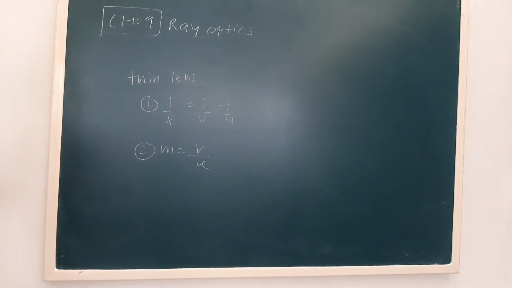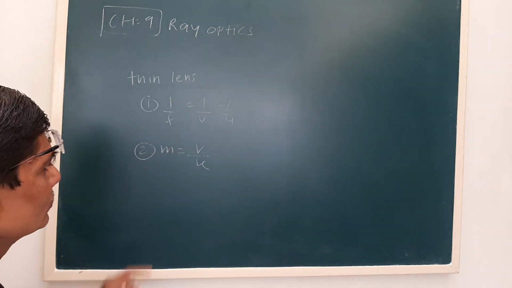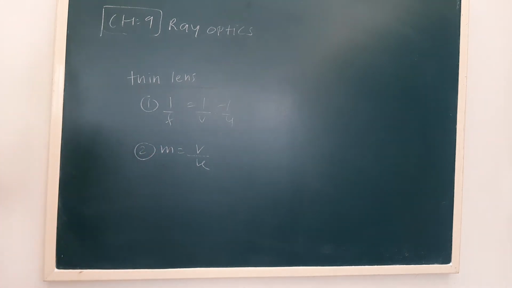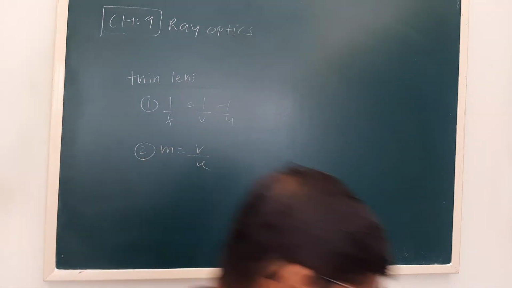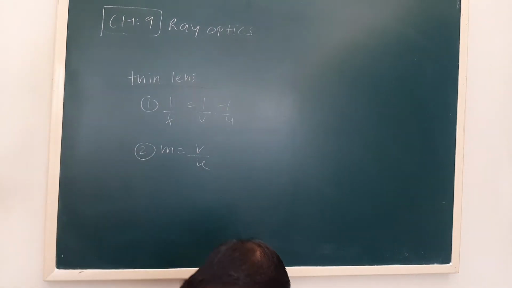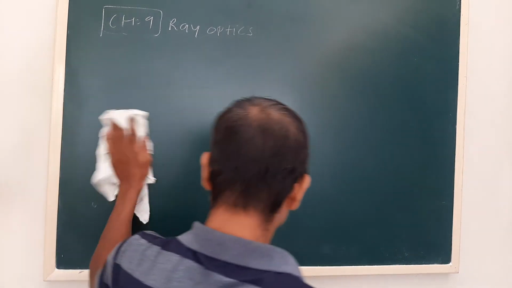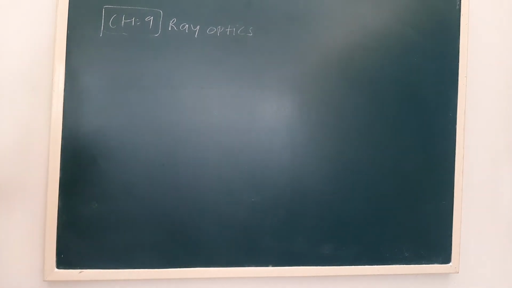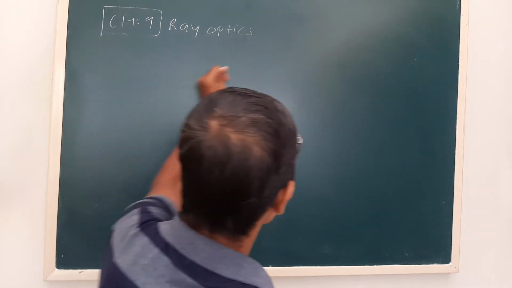Here it was minus v/u; this is the linear magnification. Here it will be m = v/u. Next, we will write in a table how the object distance, image distance and magnification will be for a concave lens and a convex lens.